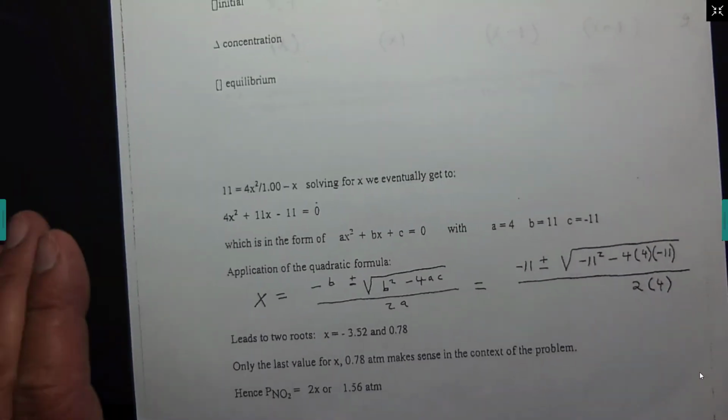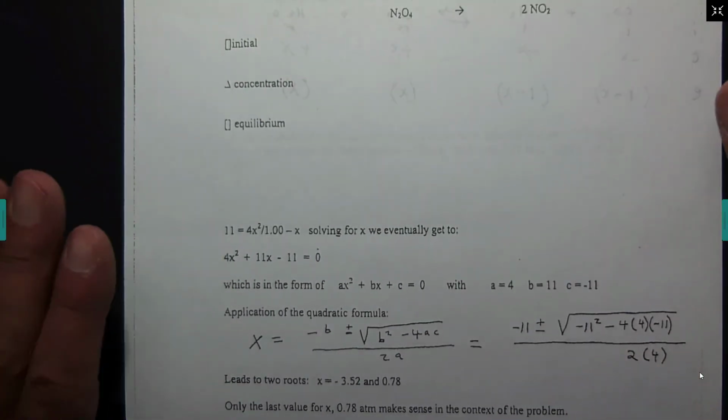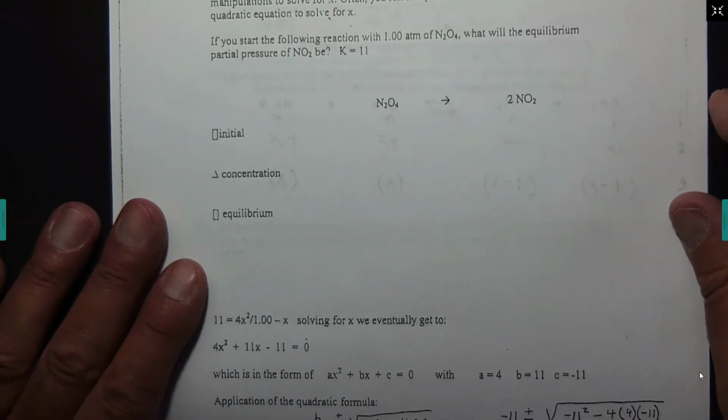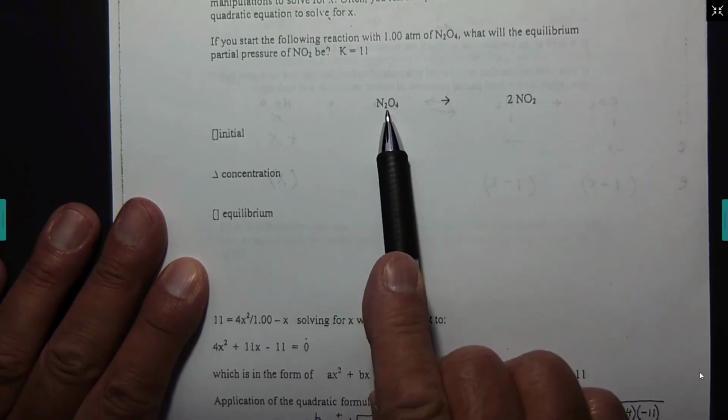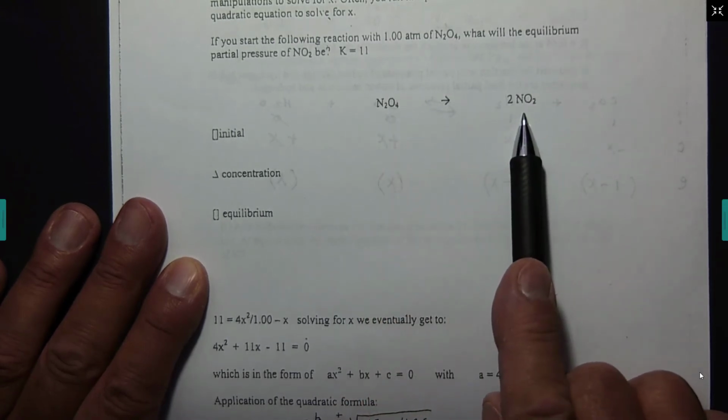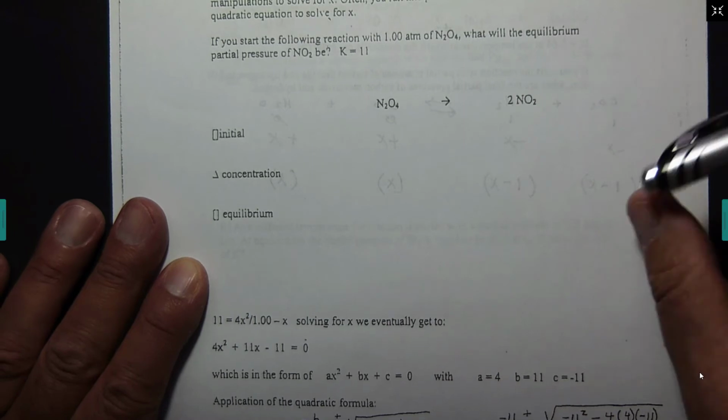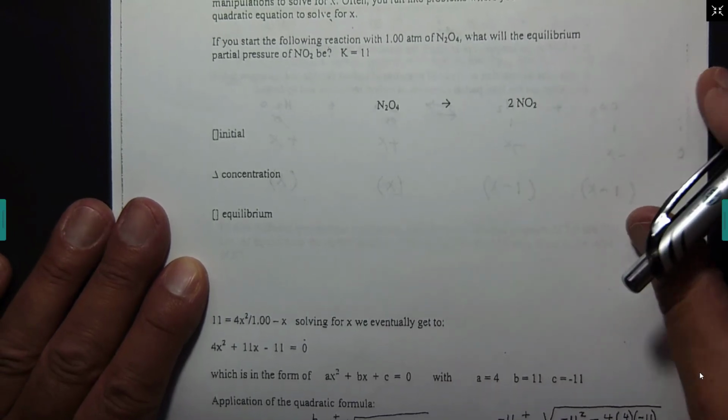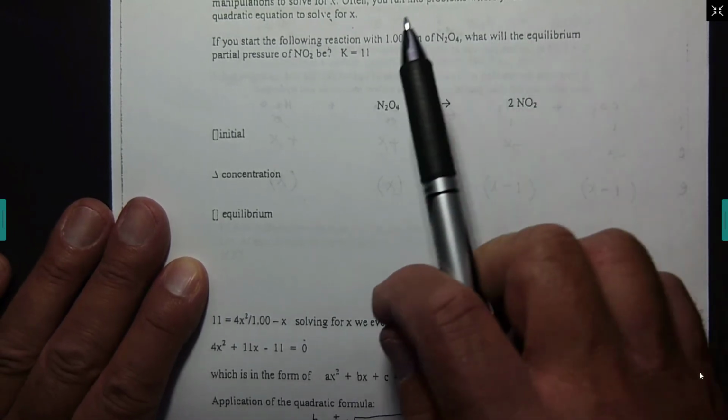Now, there's uglier ones. I should walk you through this in my notes. You're not going to see one of these on a test. Let's say you had one like this. Let's say it's this reaction, the dissociation of dinitrogen tetroxide to give you NO2. And you start the reaction with 1 atmosphere of this stuff.